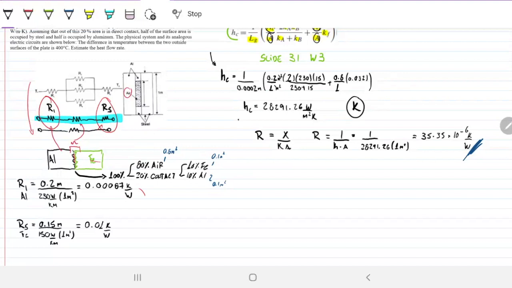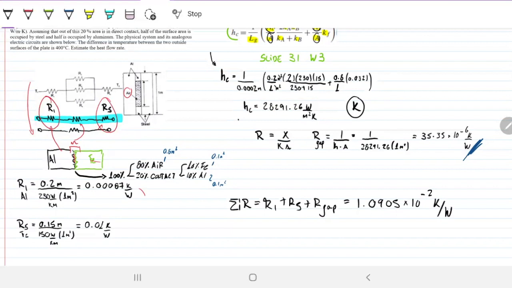Okay, so now we can find the sum of our resistances. It would be summing 1, 5, and the one from the gap. Let's put a gap here. Yep. Do you guys agree with me on the number?